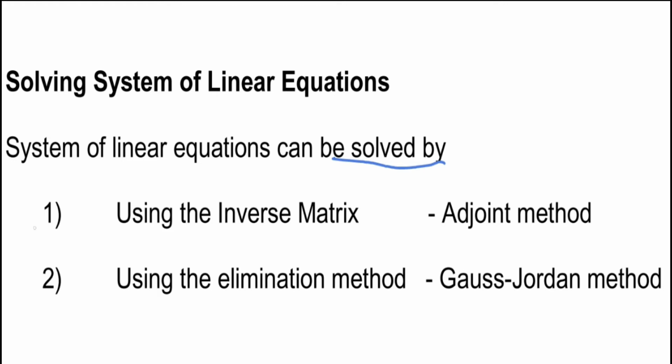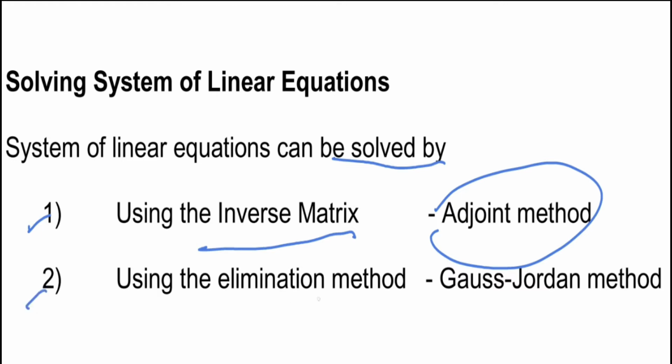The first method is by using the inverse matrix, and you have learned before how to find the inverse matrix by using the adjoint method. And then the second method is by using the elimination method. Basically, it is the elimination row operation method that you have learned before, but the name here specifically is Gauss-Jordan method.